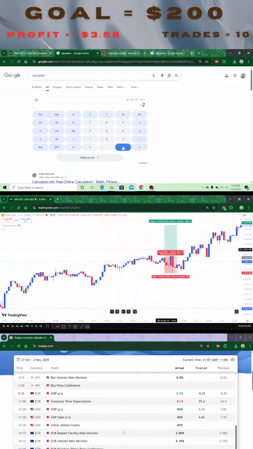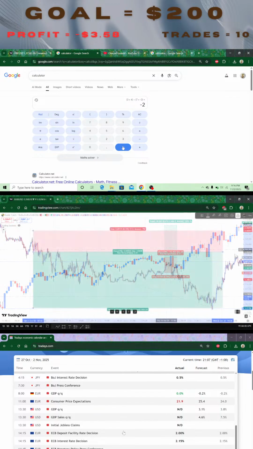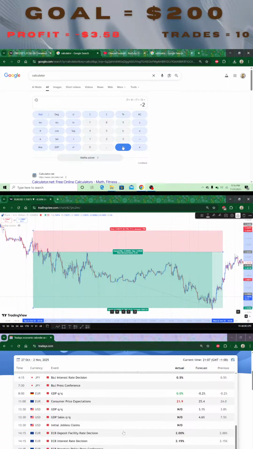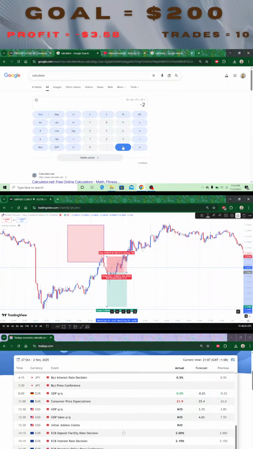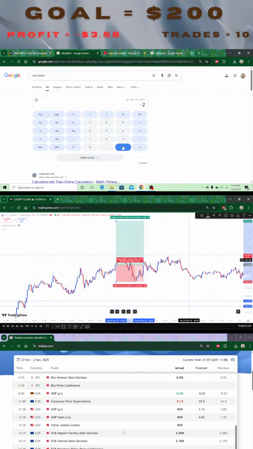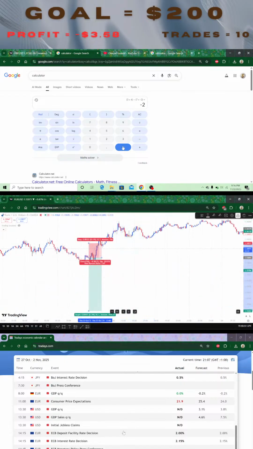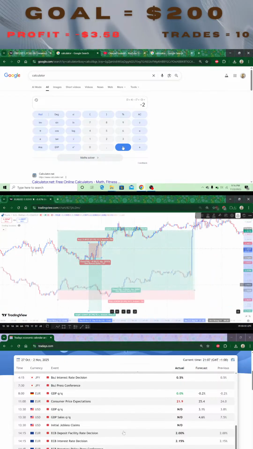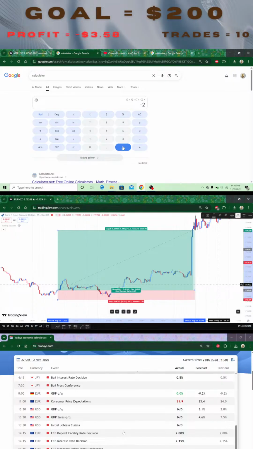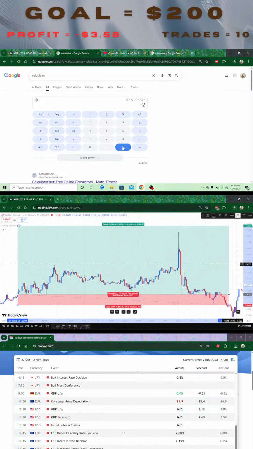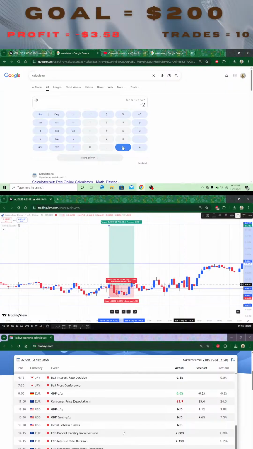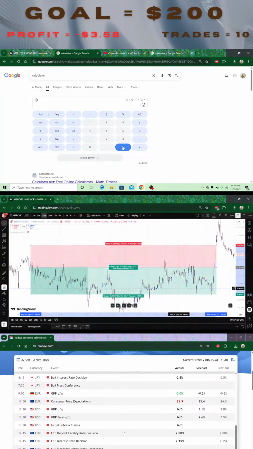If we continued with the path we were running on, for 10 trades we would have lost $2, meaning that 100 trades we would have lost $20, and 1,000 trades would have lost $200. I don't know if you guys understand. It would have just skyrocketed into something crazy.